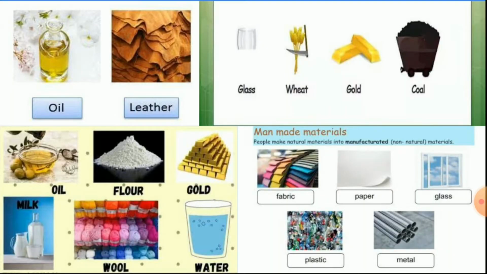Some more examples of material nouns are oil, leather, glass, wheat, gold, coal, flour, wool, milk, water. Now milk is the resource and wool is the resource, is the material. Leather is the material which we get from animals, right?